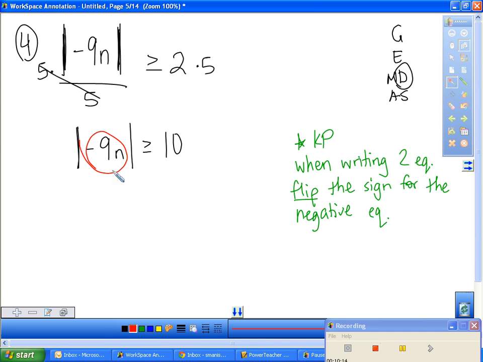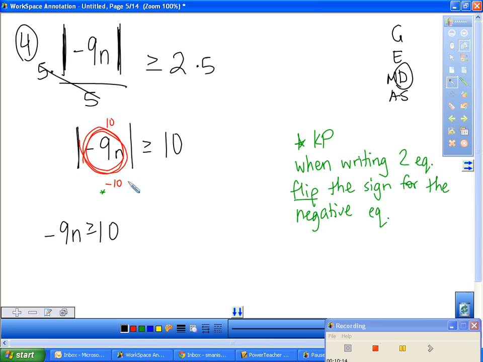I know that this bubble, in order to have the absolute value to be equal to 10, whatever was inside the bar either had to be positive 10 or it had to be negative 10. Right? And this negative 10 part is where the key point comes in. So I can write my positive example just like it is. Negative 9 is greater than or equal to 10.